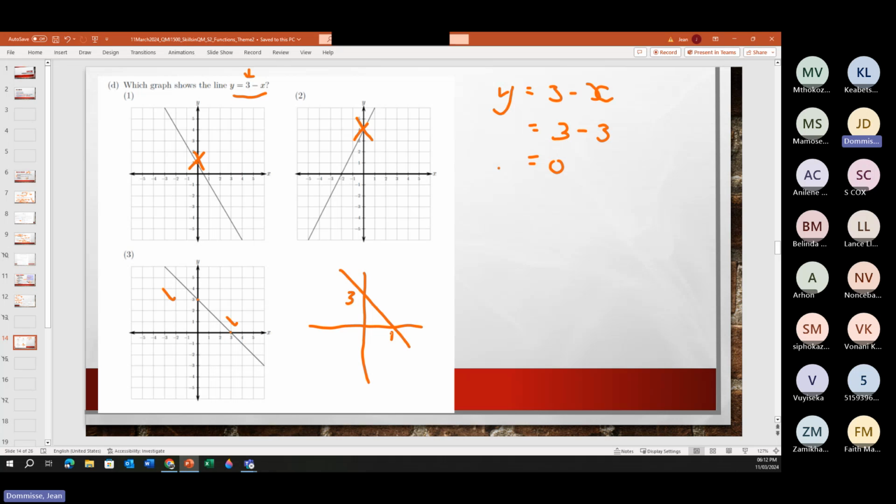If I put in the point 1, let's say I didn't know if this one was right or not. If it was 3 minus 1, then my y should have been 2. So my y should actually be somewhere there. It is not, so that one is also incorrect.